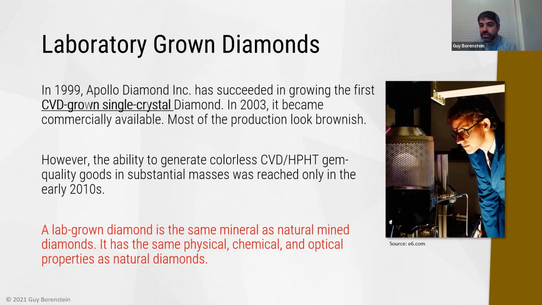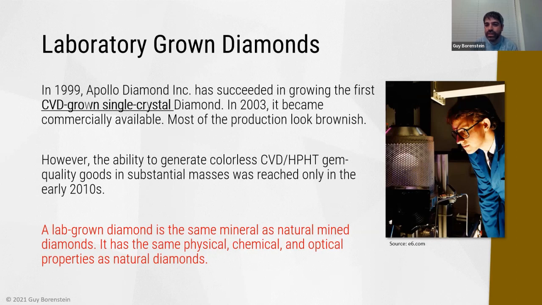The big change was something like a decade ago, when there was a simultaneous breakthrough for both HPHT and CVD, where growers found the right formula how to grow diamonds without too many expenses, making it profitable.